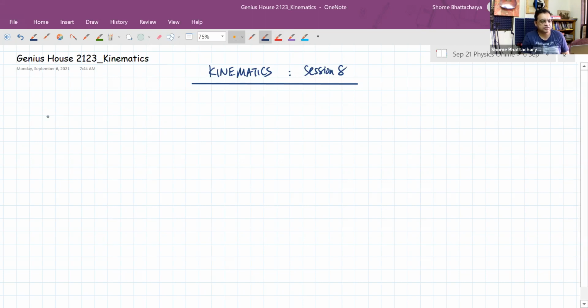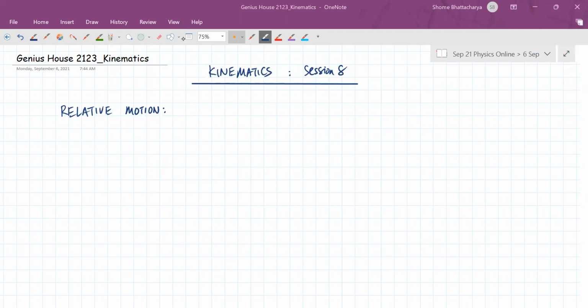So let's start by understanding the absolute basics of the concept of relative motion. So relative motion basically involves... Okay, Mansi, I will give you some hints about that.